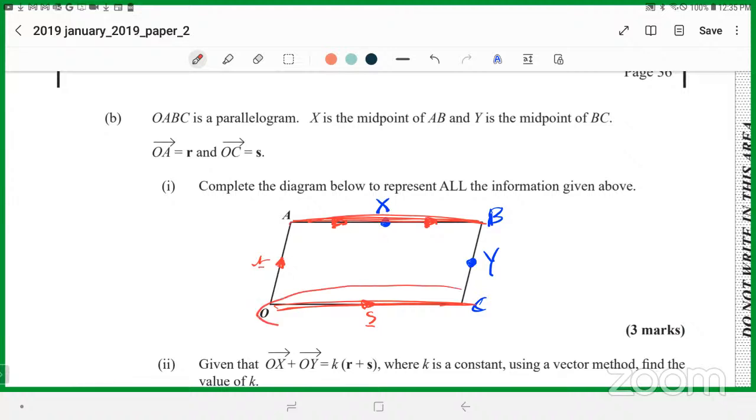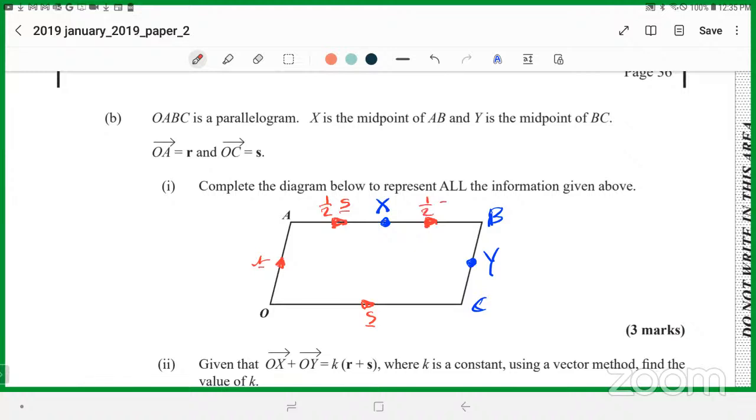Since the whole of this side is S, this side is also S. So what is the vector from A to X right there? That would be half S. What's the vector from X to B? That would also be half S, because it's the other half.